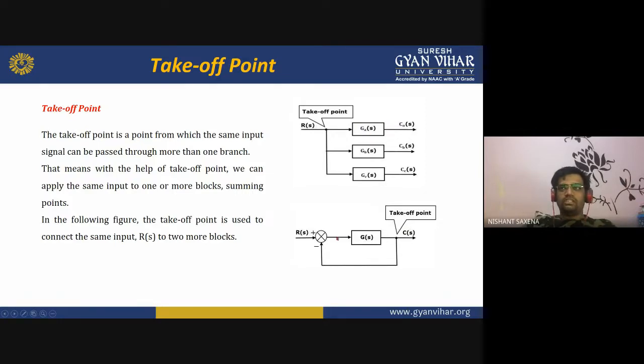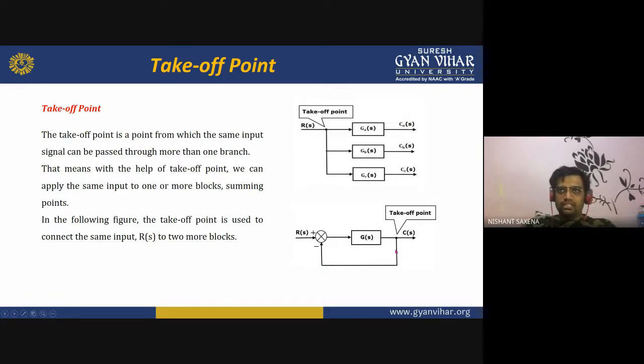Now look at this. It is not necessary that the takeoff point is always at the input side. It may also be at the output side. If you are having a feedback path in a control system, in which the output has to be sent as feedback towards the input, then the takeoff point will act there. That means look at this takeoff point. This is giving the output.